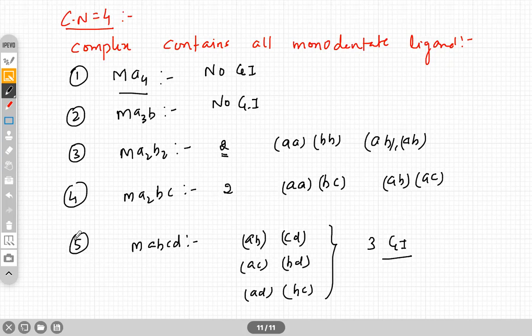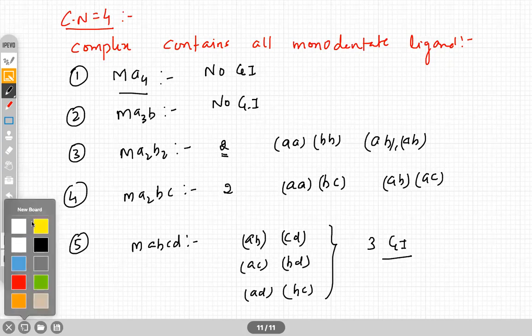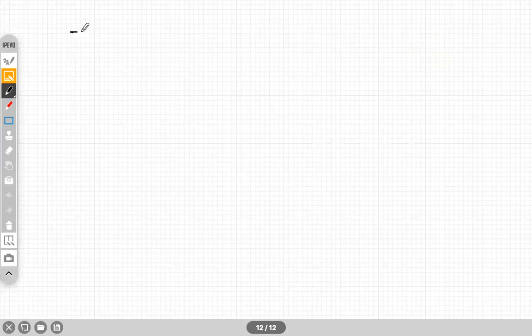If we have bidentate ligand in this, then what are the possibilities for bidentate ligand?